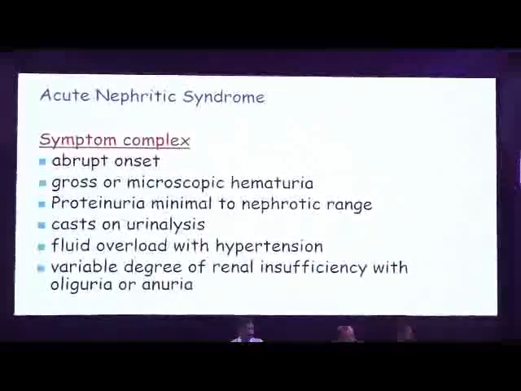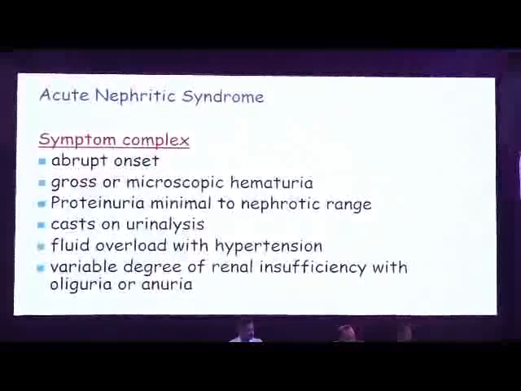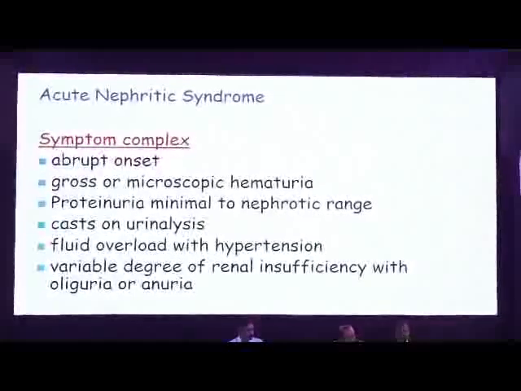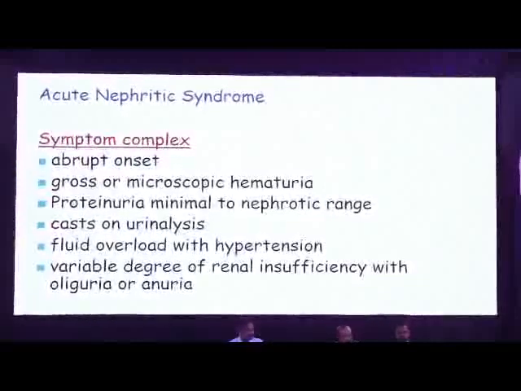So for PGs here, I would say hematuria, proteinuria, hypertension. So these 3 things. Remember, gross hematuria is rare in nephrotic syndrome. So very rarely you'll see gross hematuria in nephrotic syndrome. So gross hematuria or microscopic with proteinuria, with casts, hypertension, and they may have a variable degree of renal insufficiency.